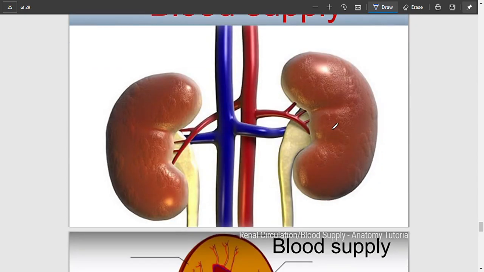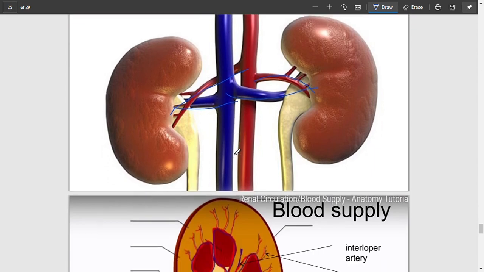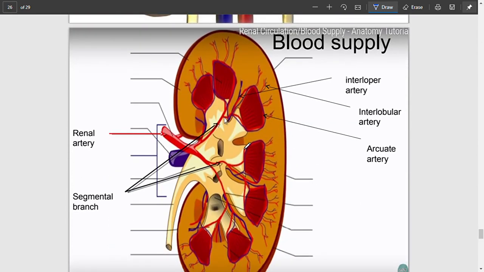The blood supply is directly supplied by the aorta, and directly drains into the vena cava. So the renal artery is coming from the aorta, and then the renal vein.